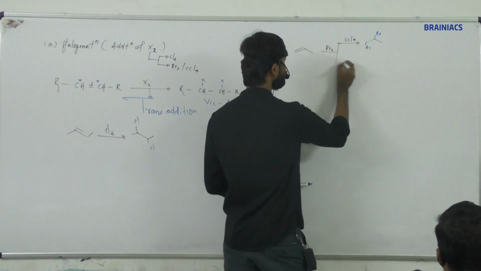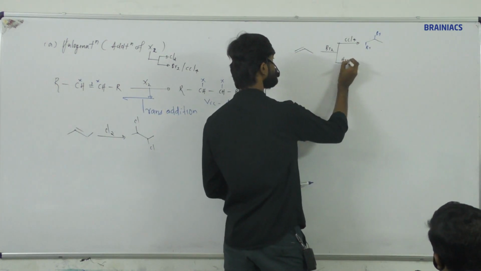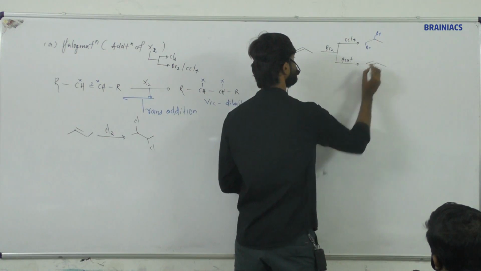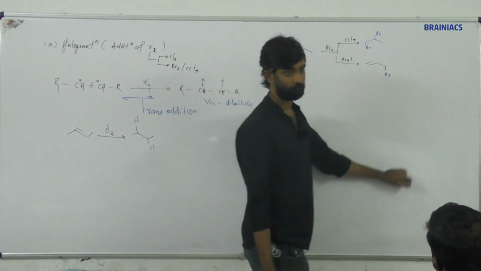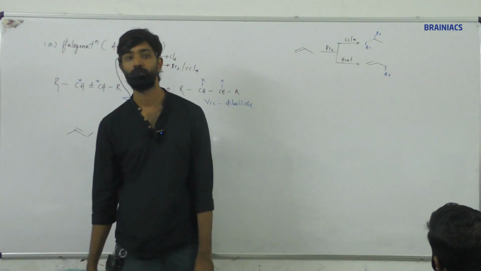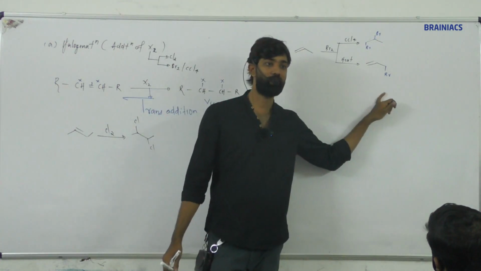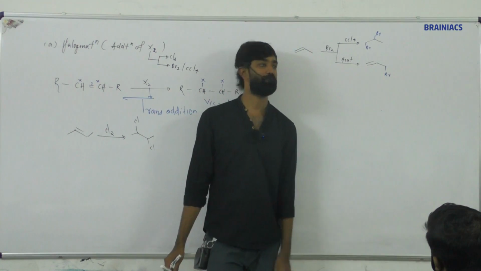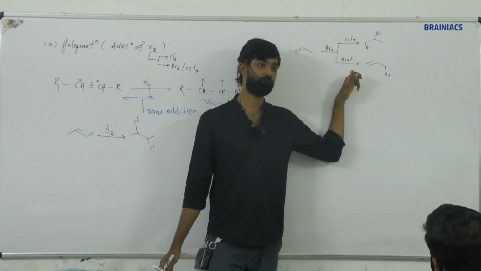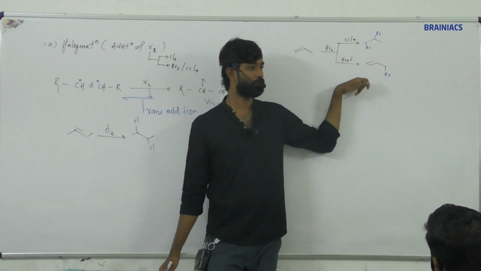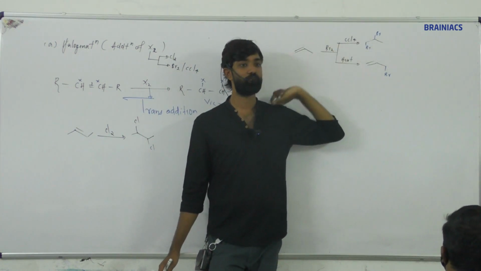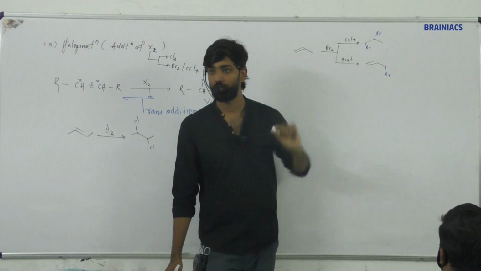But if it is in the presence of heat, that's allylic substitution. Allylic substitution was already discussed in the case of alkene: bromine in heat. This is the allylic position. This is substitution, but that was addition. The mechanisms are entirely different.